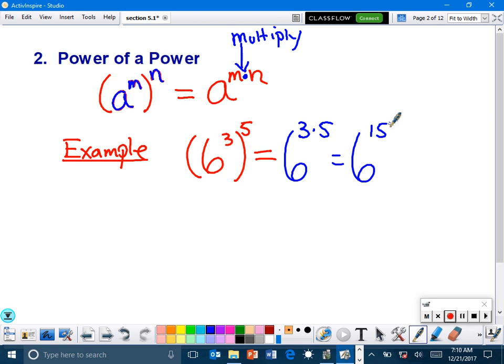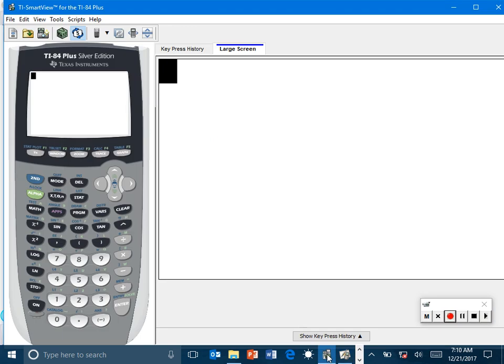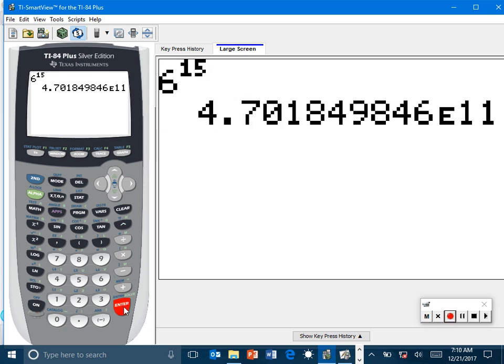Anytime you want to verify any of these problems, you certainly can use the calculator. If I type in 6 to the 15th power, that's going to be a very large number. This is actually scientific notation, which we'll talk about in a little bit.